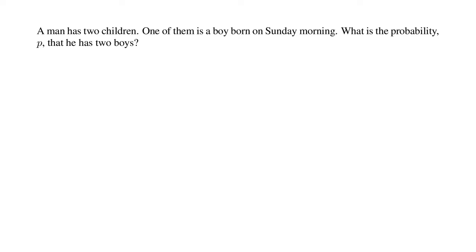All right, if you have understood that, then here's some homework for you. Let's just extend that problem a bit. A man has 2 children, and one of them is a boy born on Sunday morning. So we're not just specifying the day, but the time in the day.